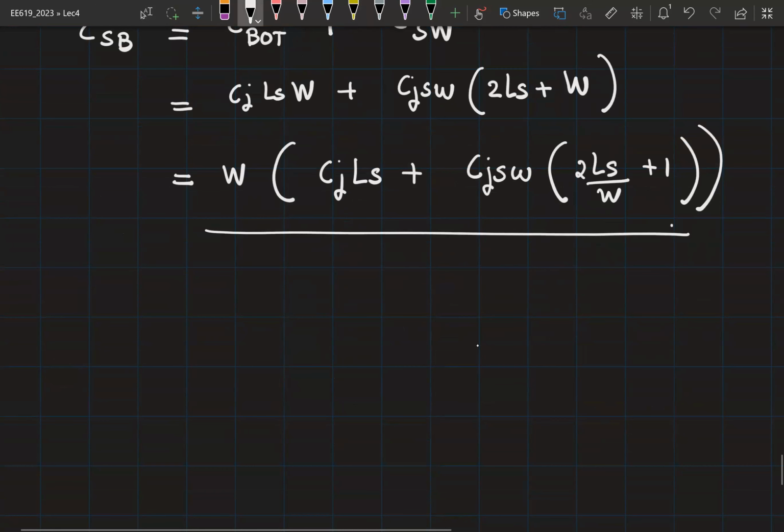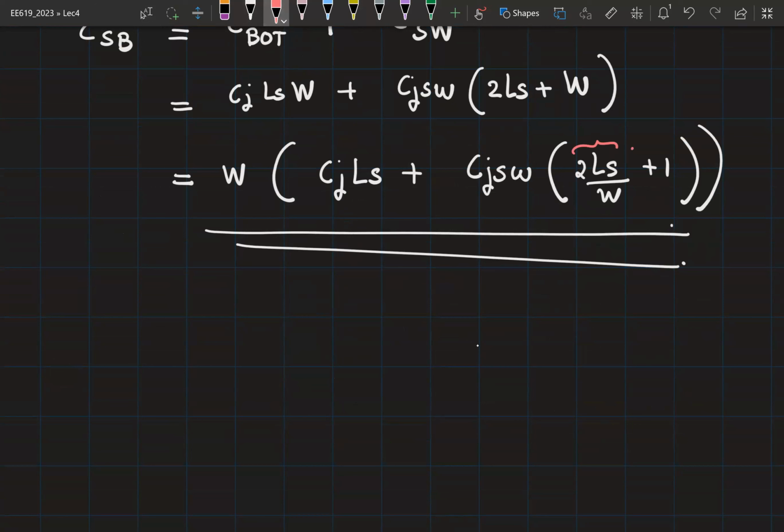Is this okay? Now, if you ignore this parameter, you will see that CSB is also linearly proportional to width. As you increase your W, your CSB will also increase. Now, for general designs, it's a reasonable assumption to make that 2Ls by W is negligible compared to 1.